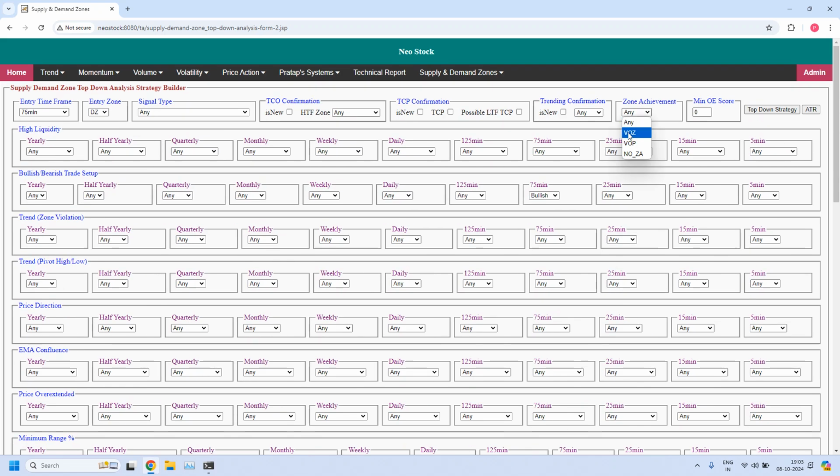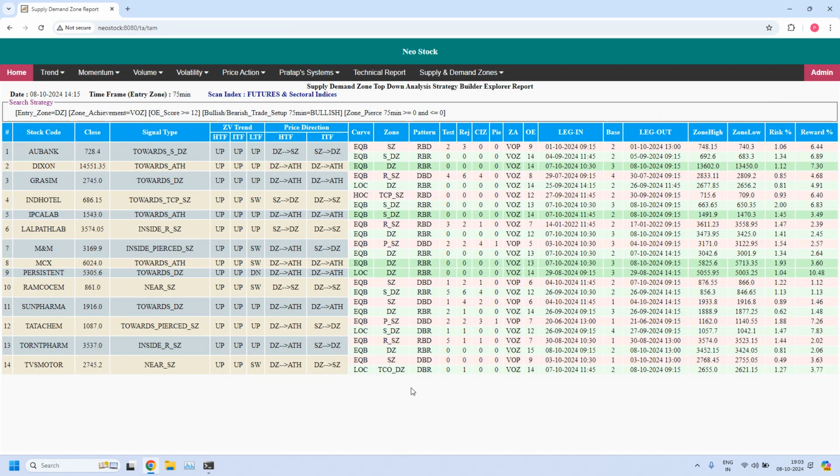Zone achievement is violated opposing zone. Minimum odd and enhancer score is 12. All the 3 filters are applied to the 75 minutes demand zone. Let's verify. 14 stocks are filtered. That means all these 14 stocks are currently supporting bullish trade setup for weekly income trade, that is entry time frame 75 minutes.